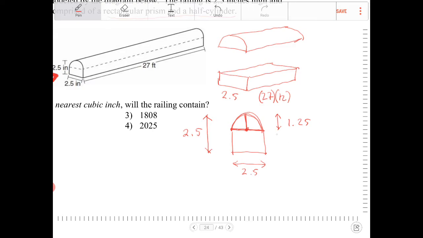So if the radius is 1.25 inches, then the remaining height of this rectangle must be 2.5 minus 1.25, which is 1.25 yet again. So the rectangular prism will have a height of 1.25, a width of 2.5, and a depth of 27 times 12.